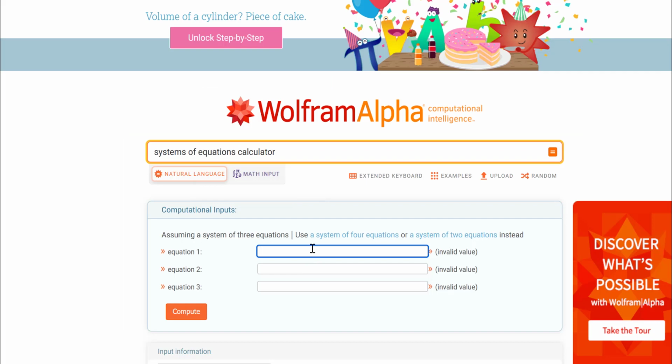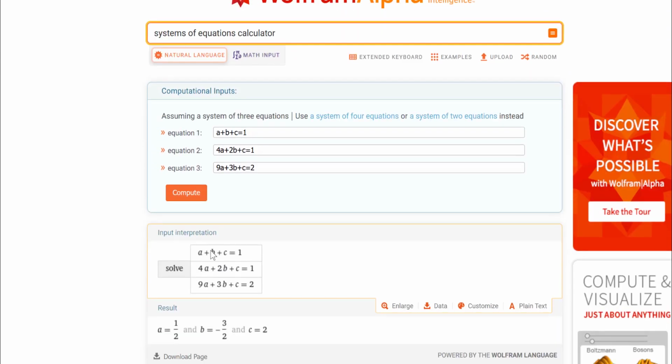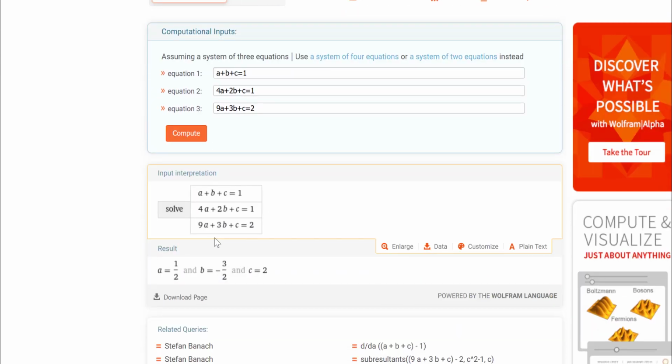Our first one was a plus b plus c equals 1. Our second equation was 4a plus 2b plus c equals 1. And the third equation was 9a plus 3b plus c equals 2. The computer did interpret my equations correctly.